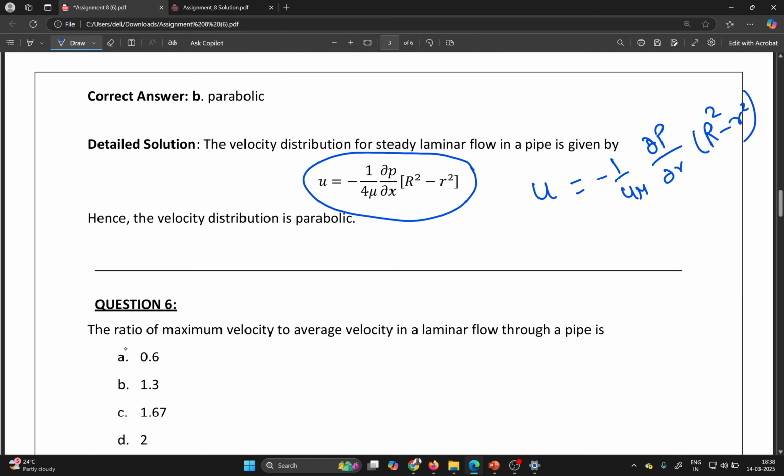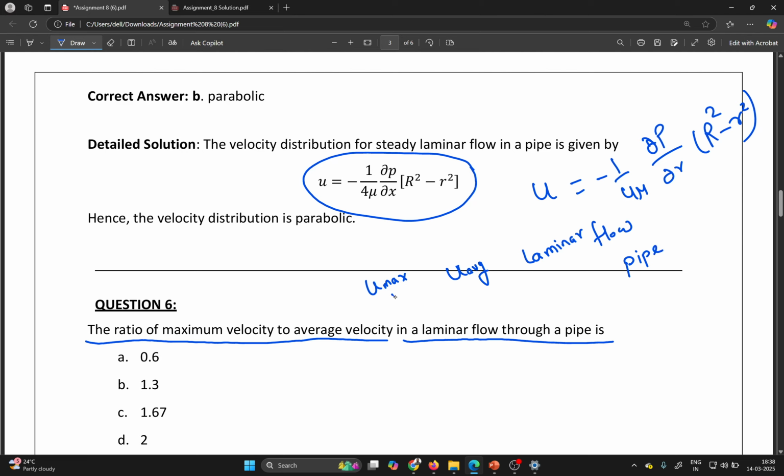The ratio of maximum velocity to average velocity in laminar flow through a pipe. The ratio of maximum velocity U max to U average in laminar flow. Remember the condition is also given: laminar flow, flow through a pipe.